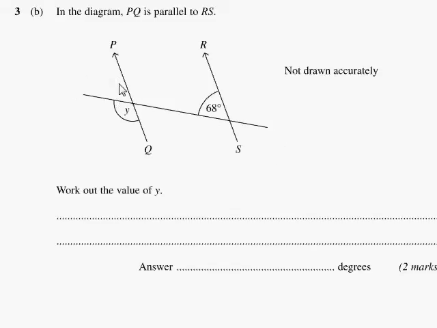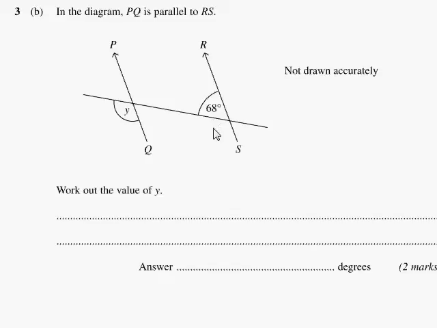You're being asked to find this unknown angle called Y. This angle Y corresponds with this angle between RS and the middle line, just next to 68. It's on a straight line with the angle 68. When I say correspond, it means that they're equal.